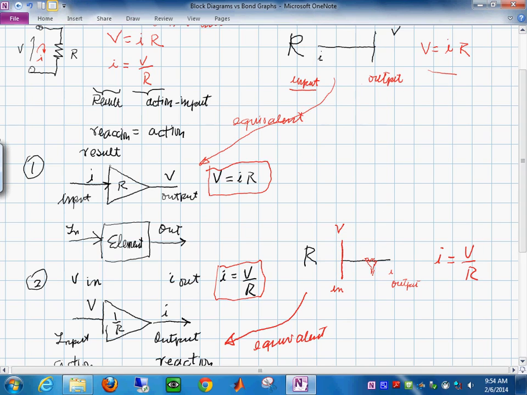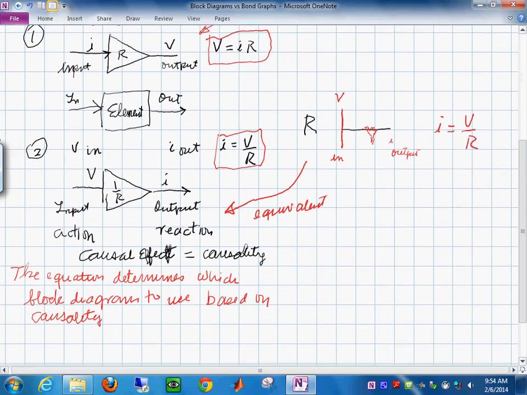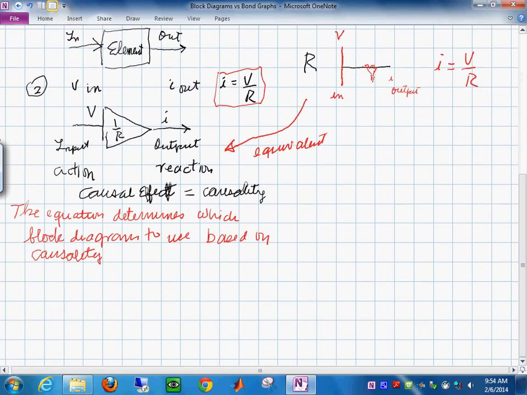Let me make a summary of what I just said, and I'm going to generalize this. If you have an element here that is A, and you have the other one, because the output and input happen between two elements.